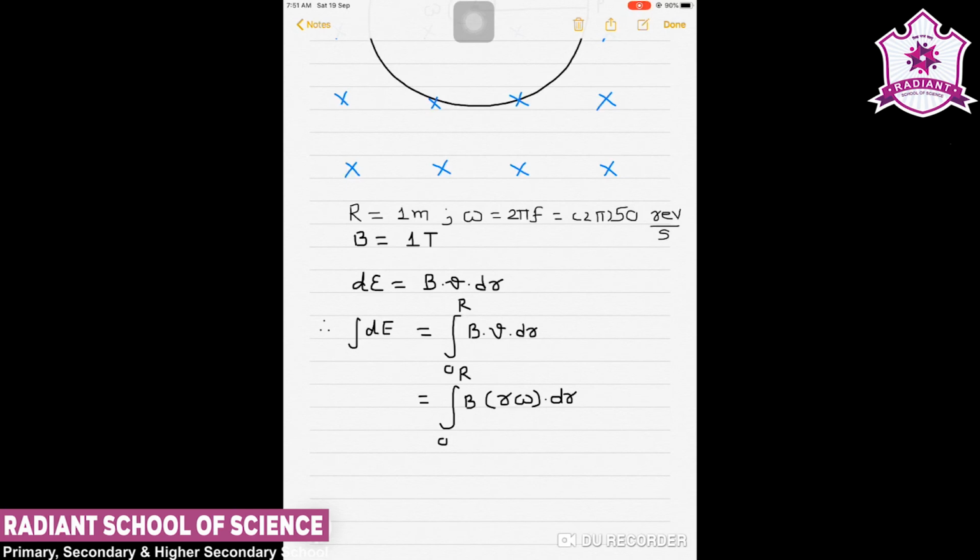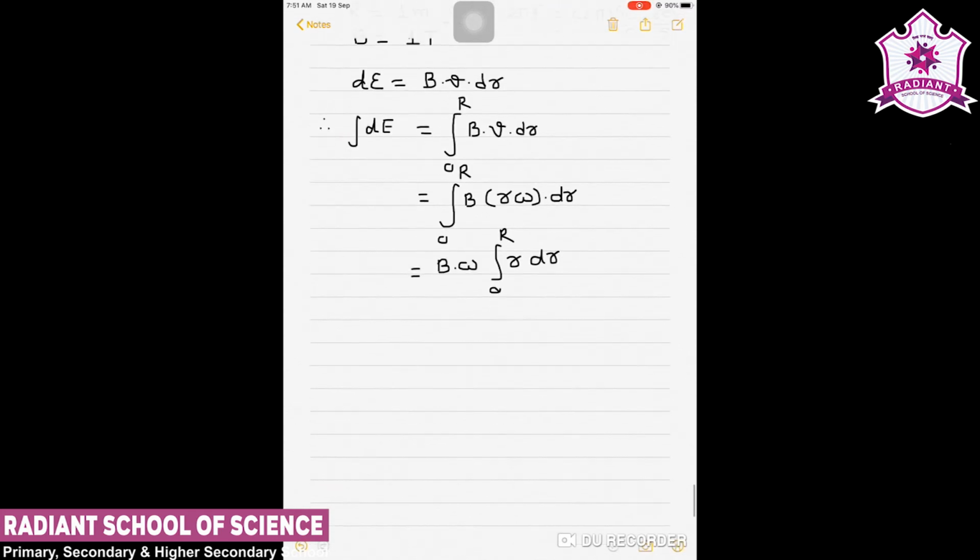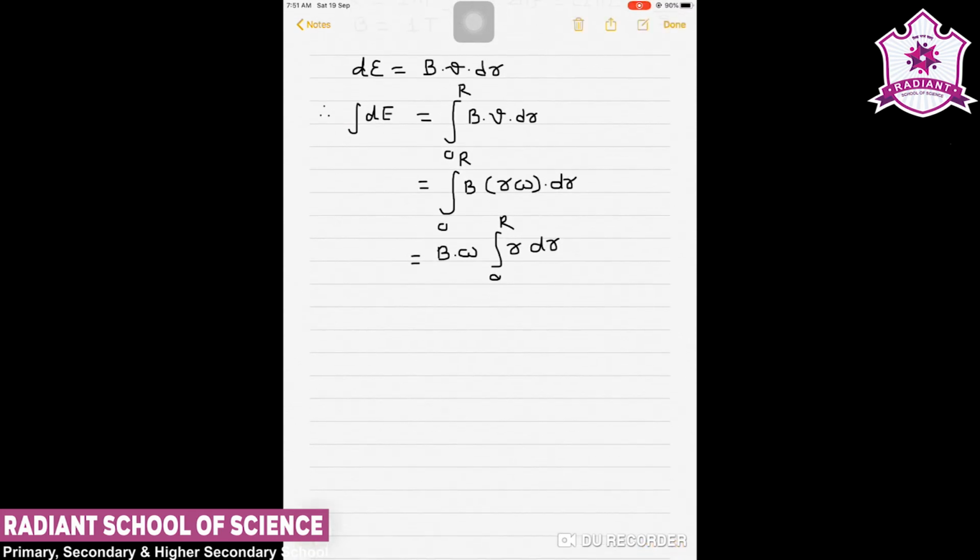So now B and omega are constant, so we can take them outside the integration, and considering the integration of r with respect to r, that is r square by 2. So when we put it in the equation, this is equal to B omega r square by 2 from 0 to r.